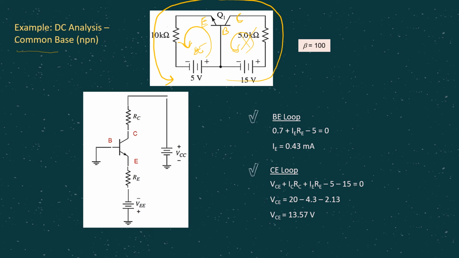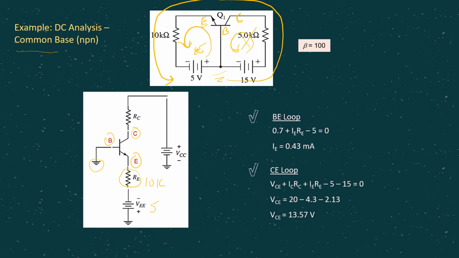From this circuit, you just redraw into the normal arrangement, where let's say, for example, we have collector, base and emitter. You check that the base is actually connected to ground. The emitter is connected to 10 kilo ohm, which is the RE here, and eventually to -5. The negative is already represented with this negative polarity, so the value here is 5 only.